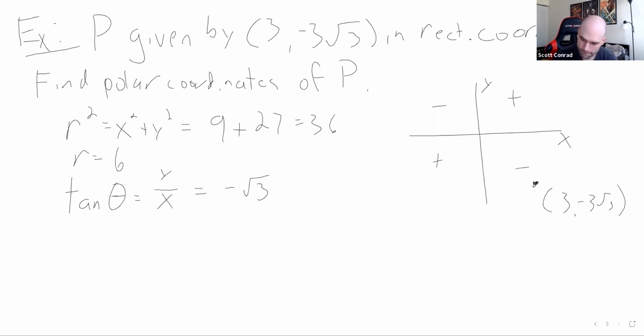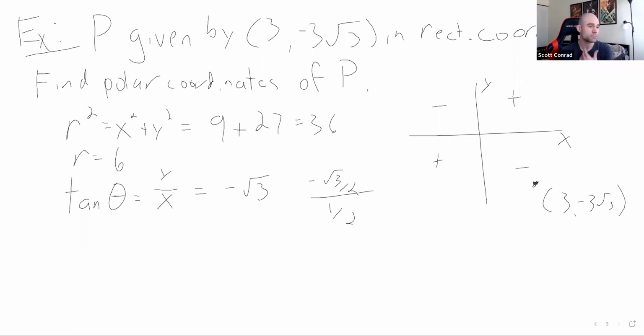Okay, so what's our angle theta? If tan theta is negative root 3, that's negative root 3 over 1, right?